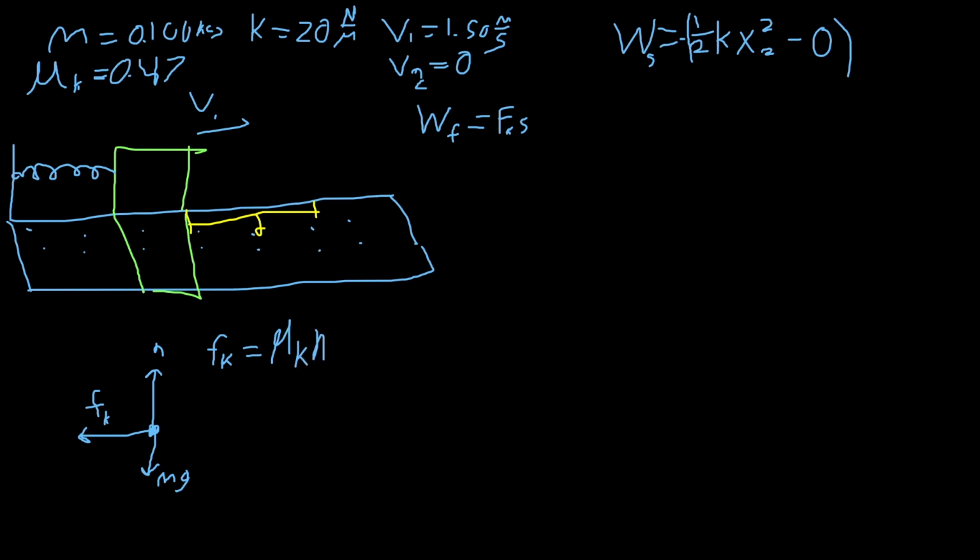But what is the normal force? That's unknown. We know that the normal force is always equal to the force of gravity, which is mass times g. Those are both knowns, which is what we like. So mass times g.